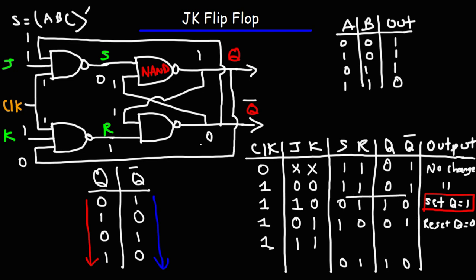Which matches what we see here. And in the previous condition, we saw that when S is 1 and R is 0, Q is going to be 0 and Q bar is going to be 1.